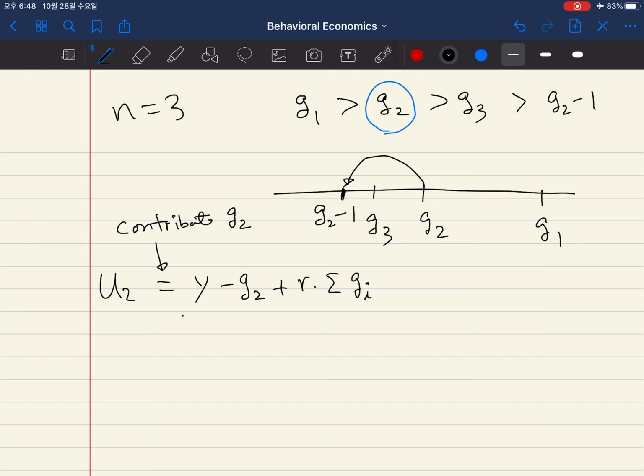So this is the material payoff. Now we're going to think about inequality. So first, the NV part.